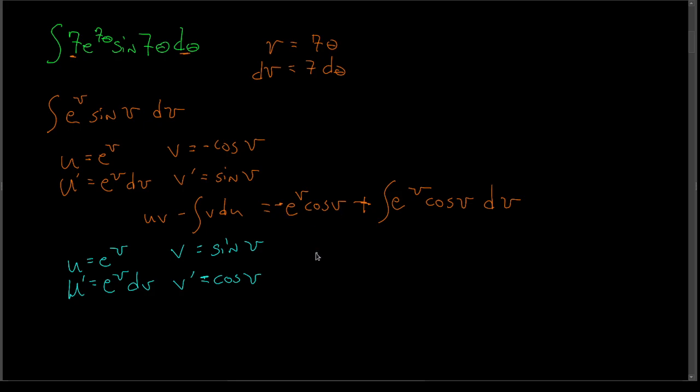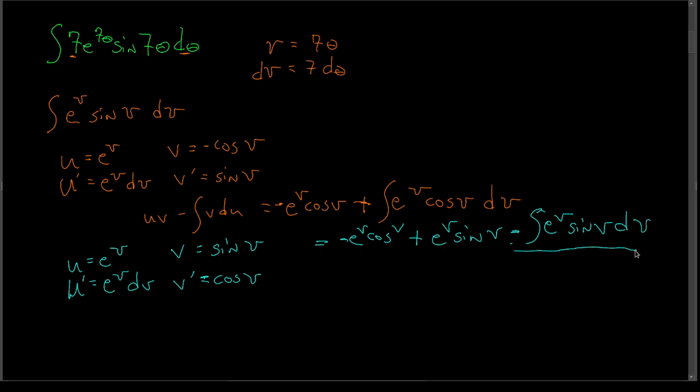So now I can rewrite this as negative e nu cosine nu, because that stays the same, plus, now this is going to have a uv, so that's going to be e nu sine nu, minus the integral of v du, or e nu sine nu d nu. And I know that I've ended with the same thing I've started with.